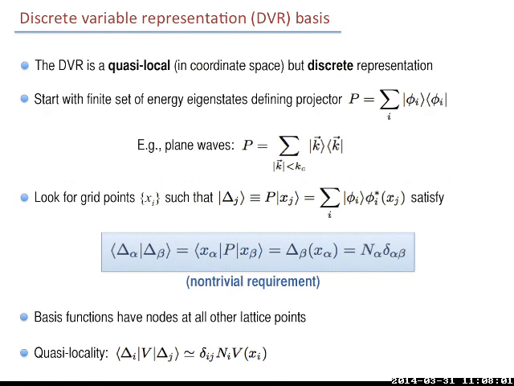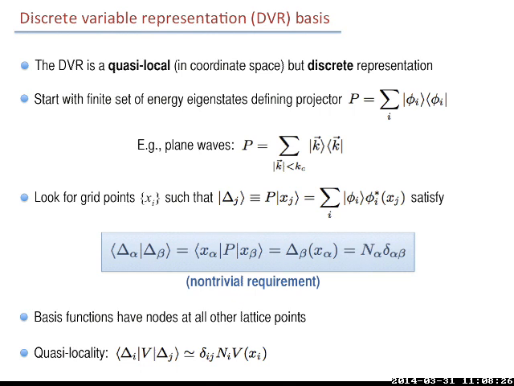Okay, so the DVR, as we'll see, is quasi-local in coordinate space, but it's discrete. And so that's why I've been calling this basically a lattice technique. So formally, what you do is you start with any finite set of energy eigenstates that define a projection operator. So for instance, maybe you look at the set of plane waves below a certain cutoff in momentum space. This isn't difficult.